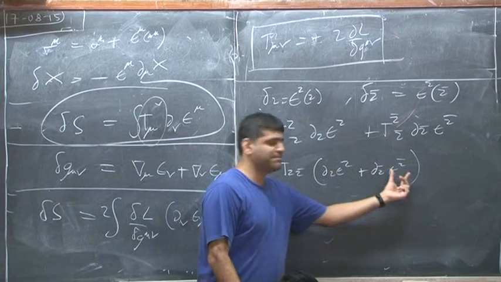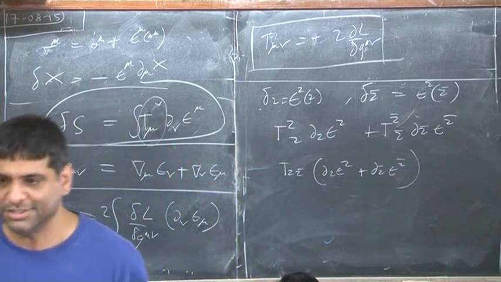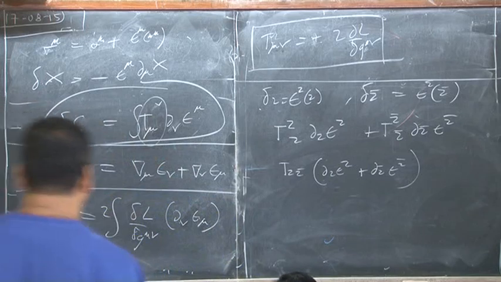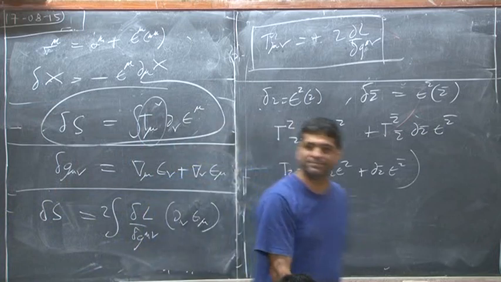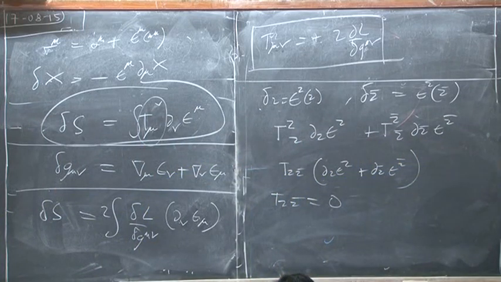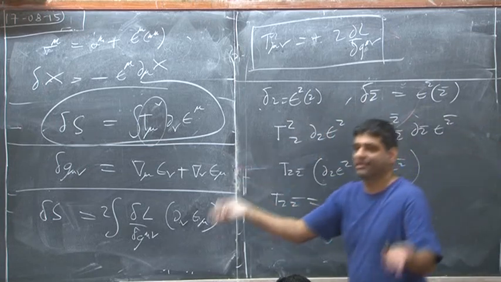Since epsilon z and epsilon z bar are arbitrary analytic functions and complex conjugates of those analytic functions, the only way this can vanish is if T z z bar equals 0. So in a conformal field theory, it is both necessary and sufficient for T z z bar to vanish in order that arbitrary conformal transformations are a symmetry.